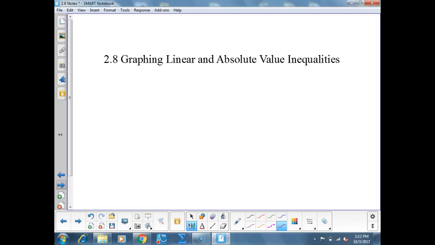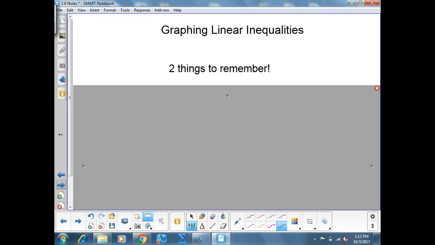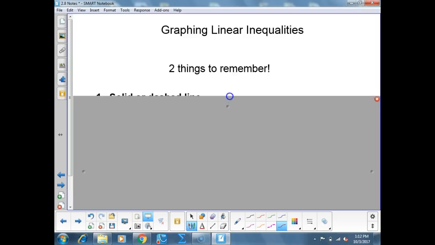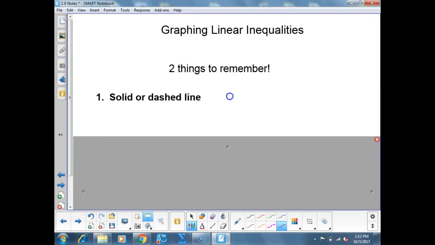Okay? So there are two things that we need to remember when we are dealing with graphing inequalities. The first thing that we have to remember is the solid or dashed line rule. Okay?